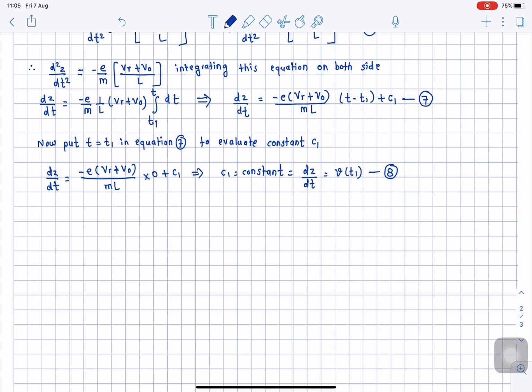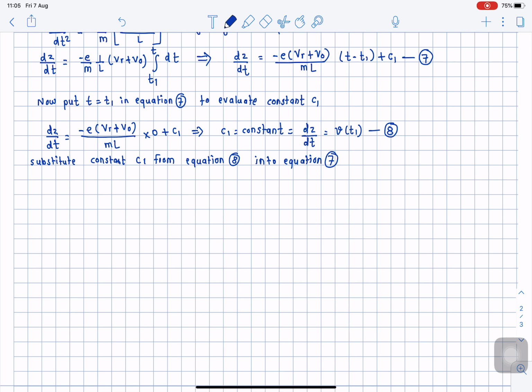Now substitute the constant c1 from equation 8 into equation 7. So we place the value of that constant which we got in equation number 8 back into equation 7. So what will we get then?